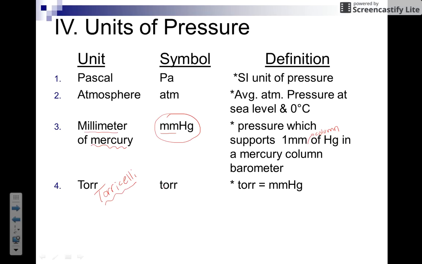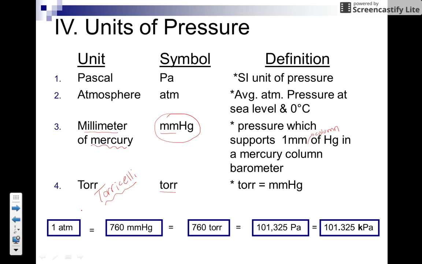So these can be used interchangeably because the torr and the millimeter of mercury are interchangeable since they named that unit after him. They wanted to honor Torricelli. So the unit we use for that is TORR for torr. And remember, as far as the definition, it just took the place of millimeters of mercury. But you still see both units used, so you need to know that they are equal to one another. So 1 torr equals 1 millimeter of mercury.